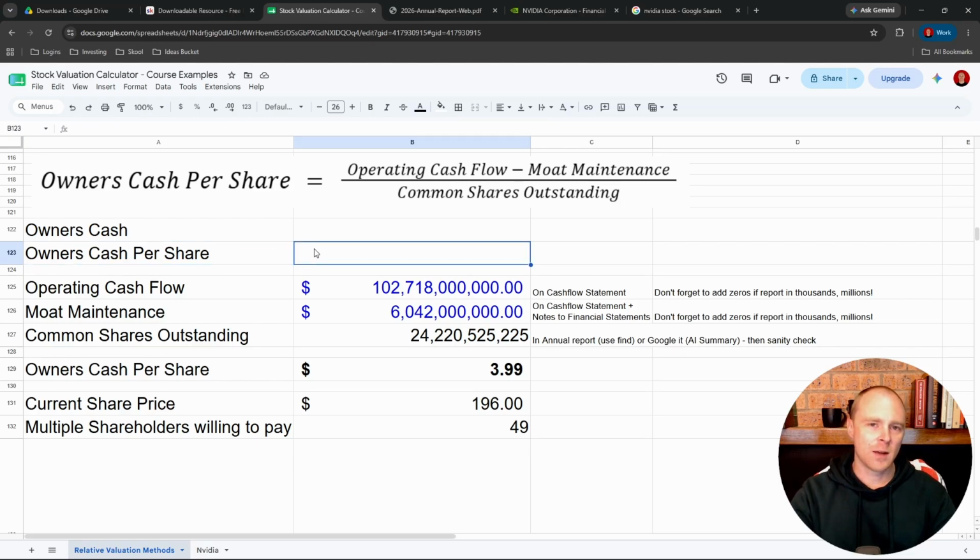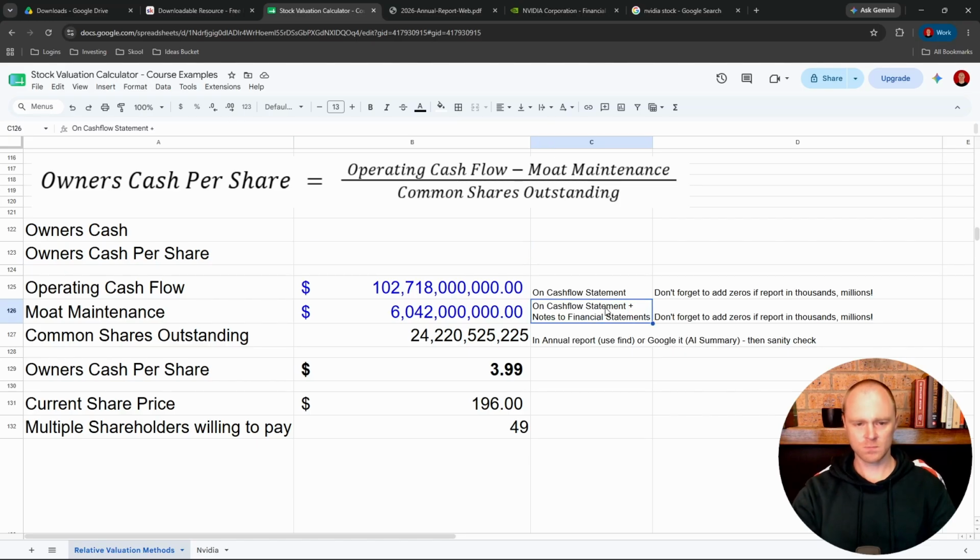Trying to get that number is a little bit difficult, especially if the business has part of it on the cash flow statement and then also breaks it down in the notes to financial statements. It breaks down what things are maintenance costs and what things are actually capital expenses to grow the business. That's why it's important to read more into those financial statements and the rest of the annual report.